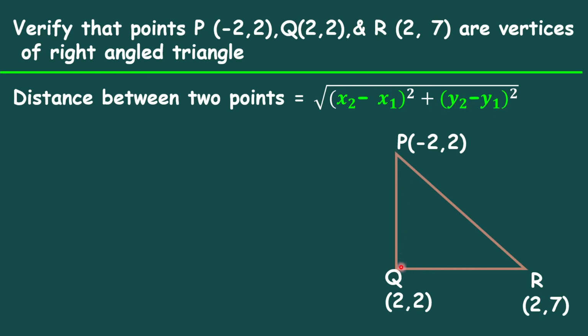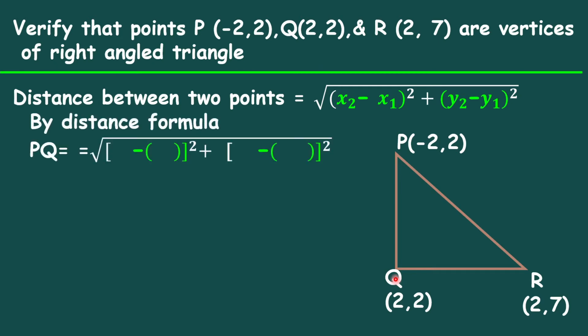To find the distance PQ, that means we have to subtract the coordinate of point P from the coordinate of point Q. First we take subtraction between their x coordinate.